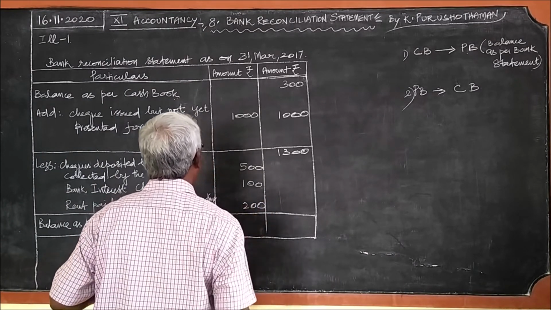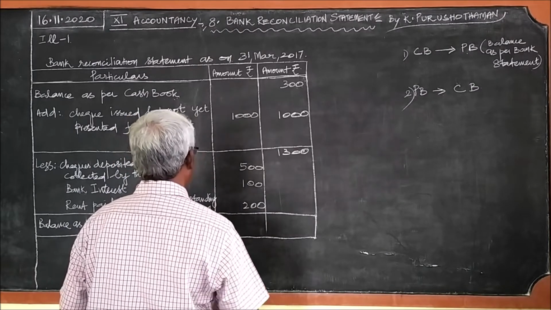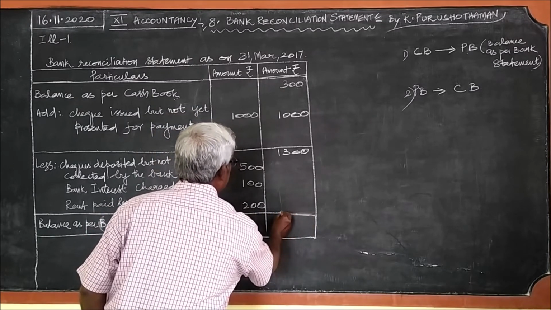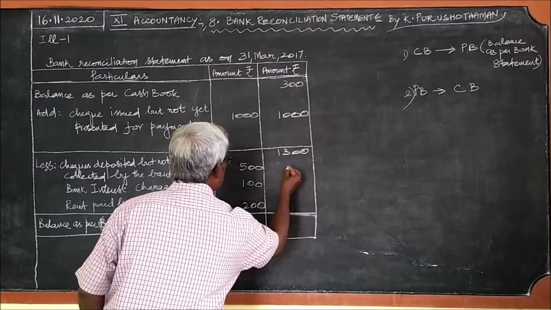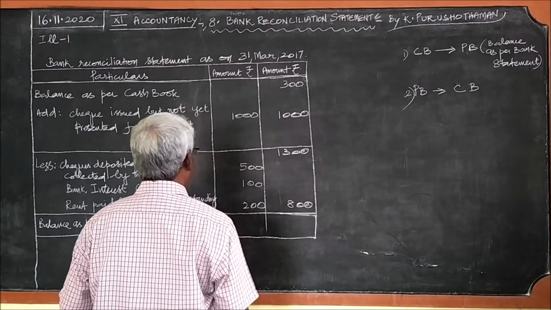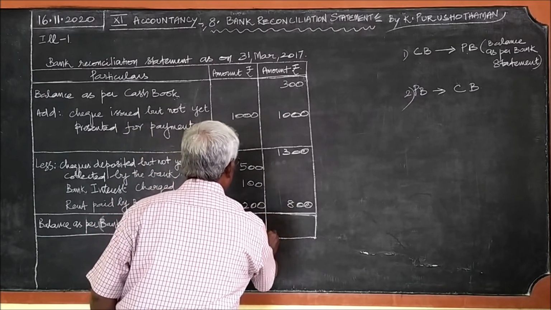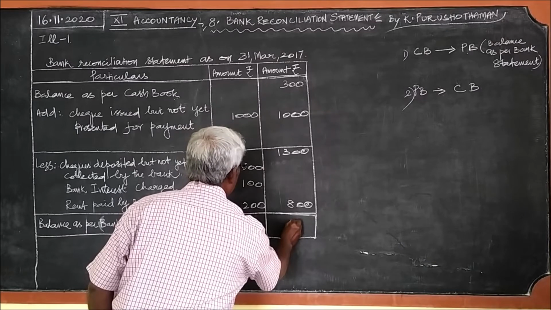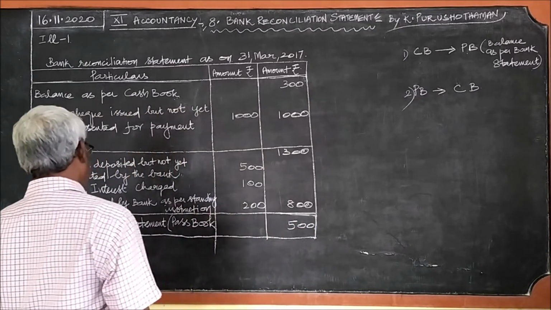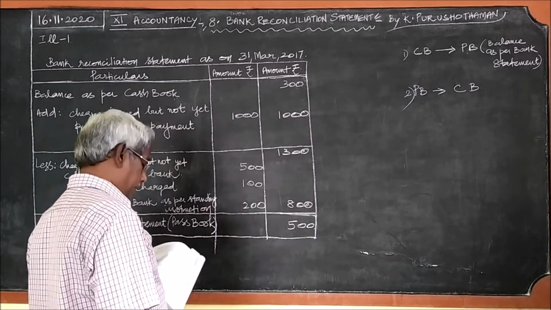Therefore, the total amount to be minus: 500 plus 100 plus 200, 800. So, from this total, you minus this total, therefore it is 500. Balance as per bank statement is 500. This is the problem given.